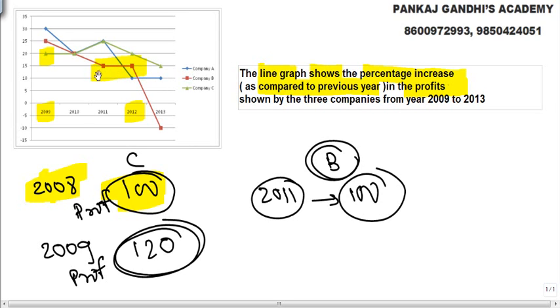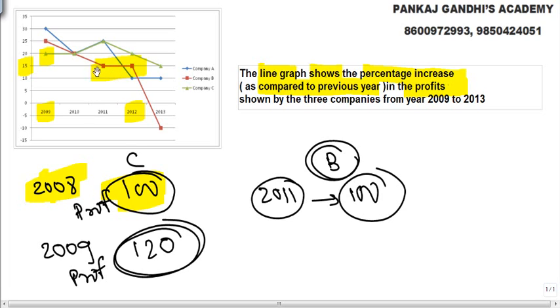No, the meaning is, 2010 to 11 B's profit increased by 15%. What does it mean? 10 to 11 B's profit increased by 15%.